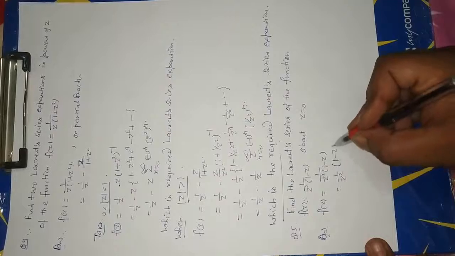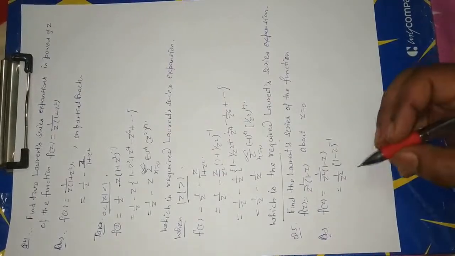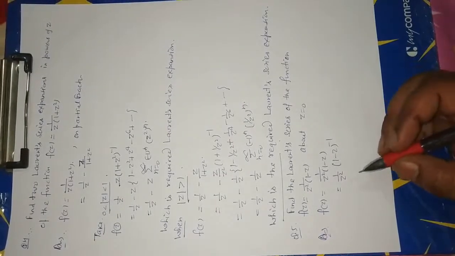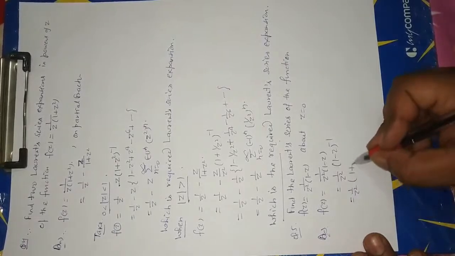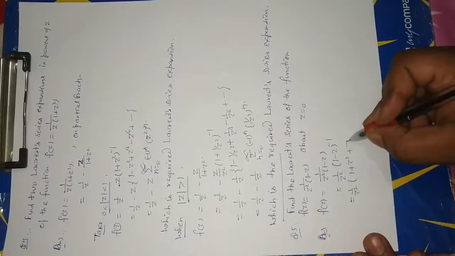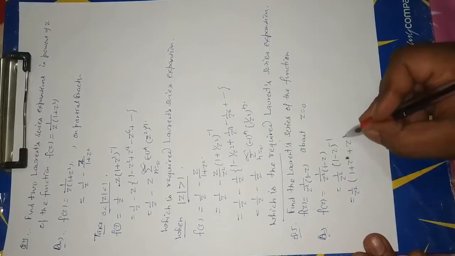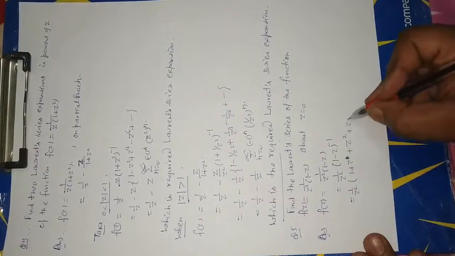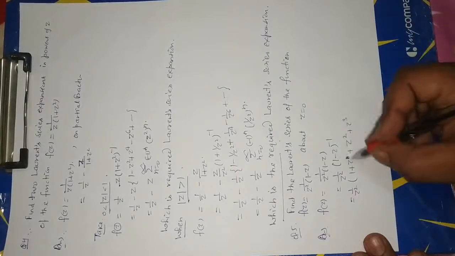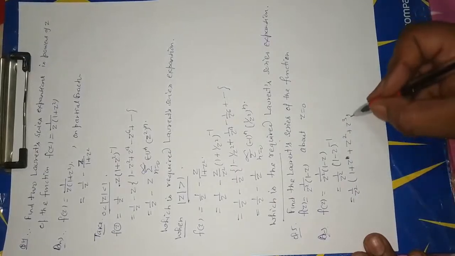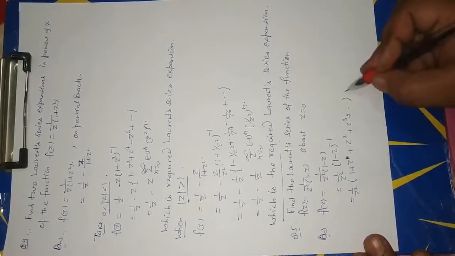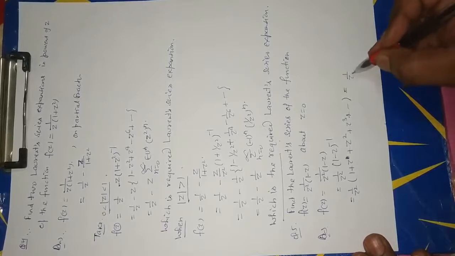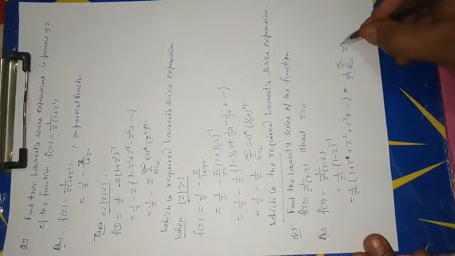Now 1 minus z whole power minus 1. Expand binomially 1 upon z square, 1 plus z plus z square plus z cube plus up to dot, infinite number of terms in this series. Therefore 1 upon z square summation n is equal to 0 to infinity z to the power n.